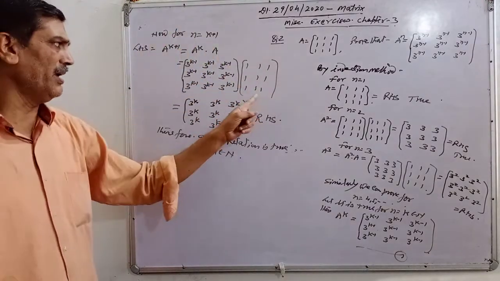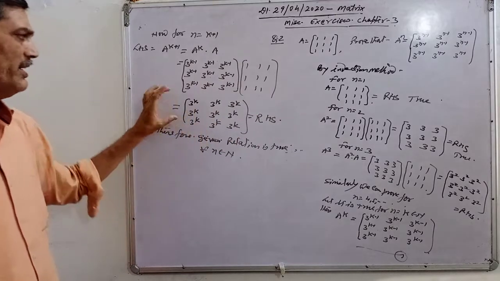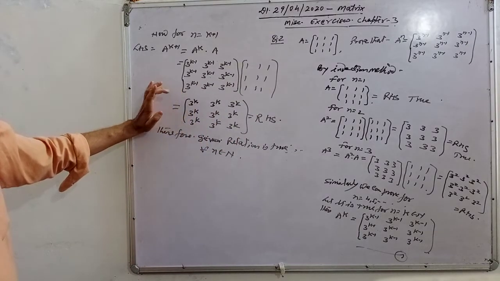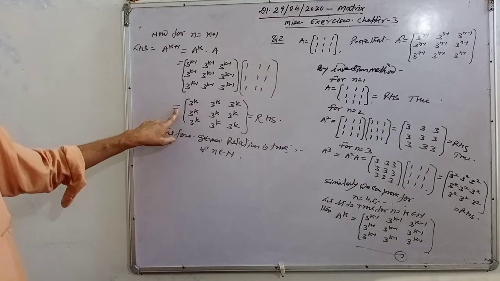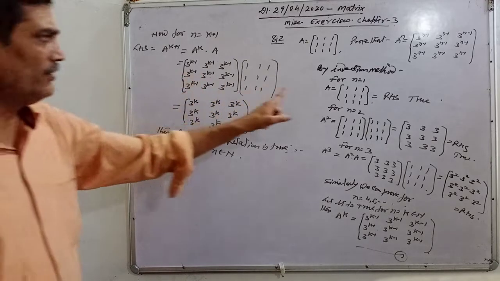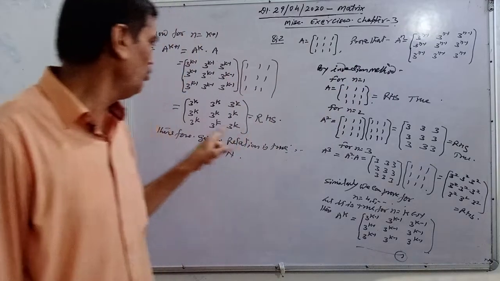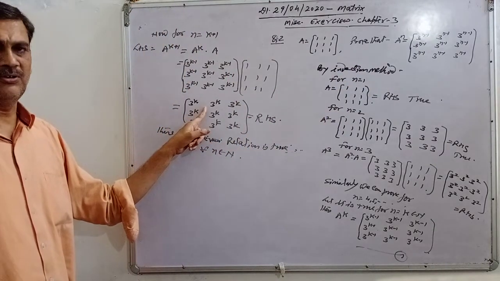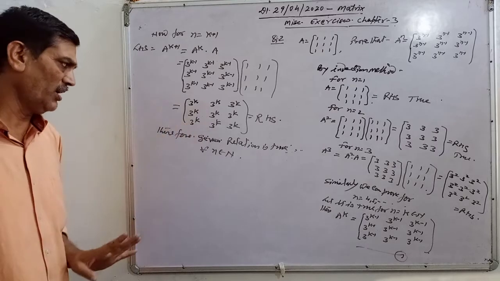When you multiply both matrices, you will get this result. This is the value of the left side. Now, when you put n is equal to k plus 1 on the right side, you will get the same result. This means true for n is equal to k plus 1, left is equal to right.